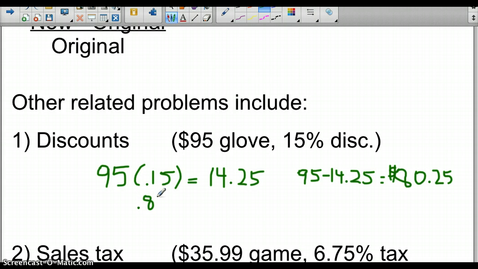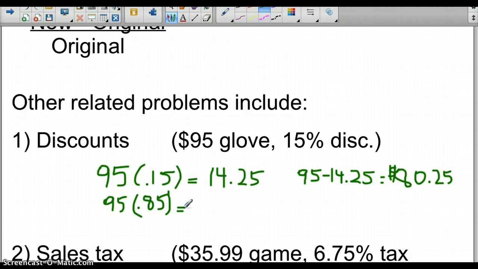So we can make that as a decimal of 0.85 because that's the amount we're paying for. So now we could do this one in one step. This way we could say $95 times 0.85. And we can see what that's going to equal.